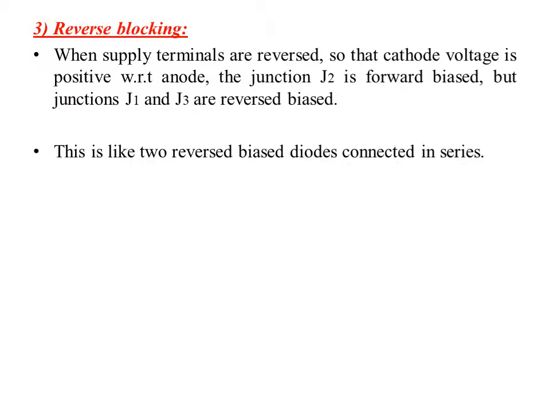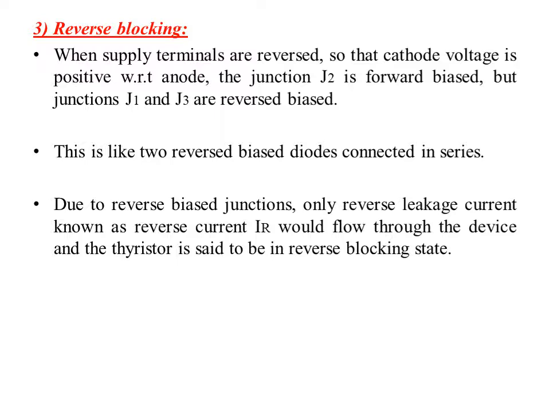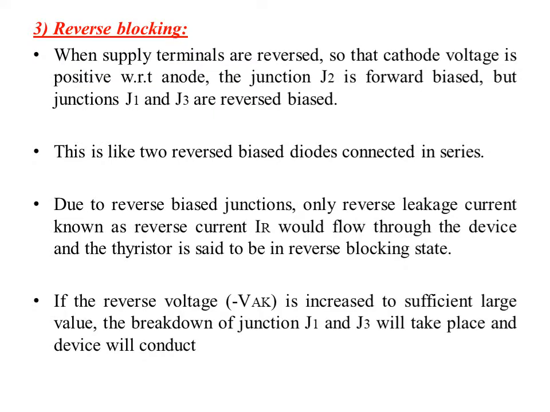In this case, it is like two reverse biased diodes connected in series. Due to the reverse biased junctions, only a reverse leakage current, known as reverse current denoted by IR, would flow through the device, and the thyristor is said to be in reverse blocking state.